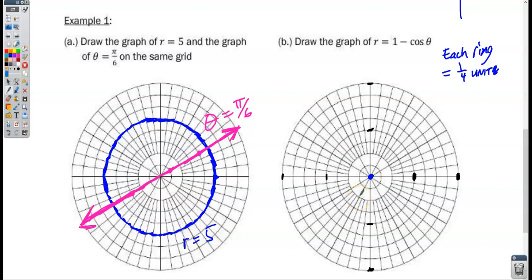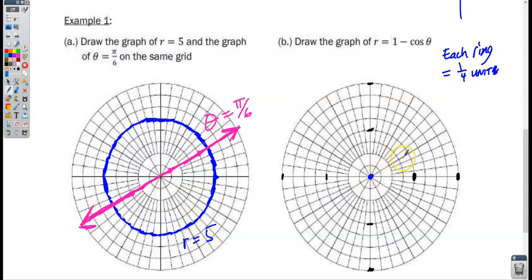The next angle that we all know is pi over 6. The cosine of pi over 6 is the square root of 3 over 2, which is approximately 0.866, which means 1 minus that is approximately 0.134. These circles, remember, are a quarter, so it's going to be a little bit more than halfway to there.